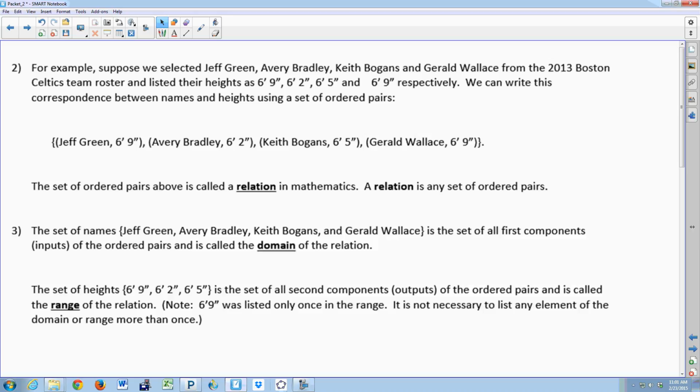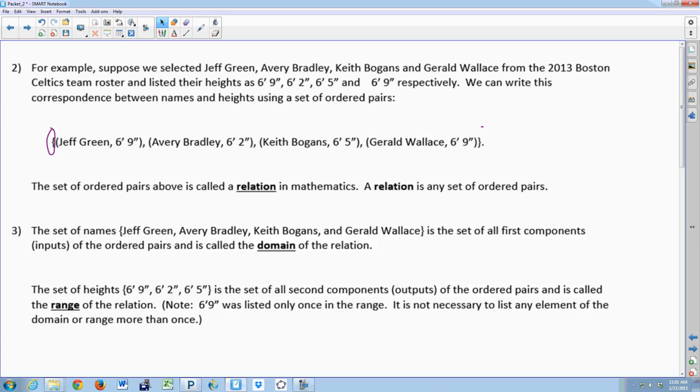So here we have 4 Boston Celtics that were on the roster at the beginning of the 2013 basketball season. And these are their respective heights, 6'9", 6'2", 6'5", and 6'9". So I can create a relation here. A relation is just a set of ordered pairs. So how do I know I'm creating a relation?